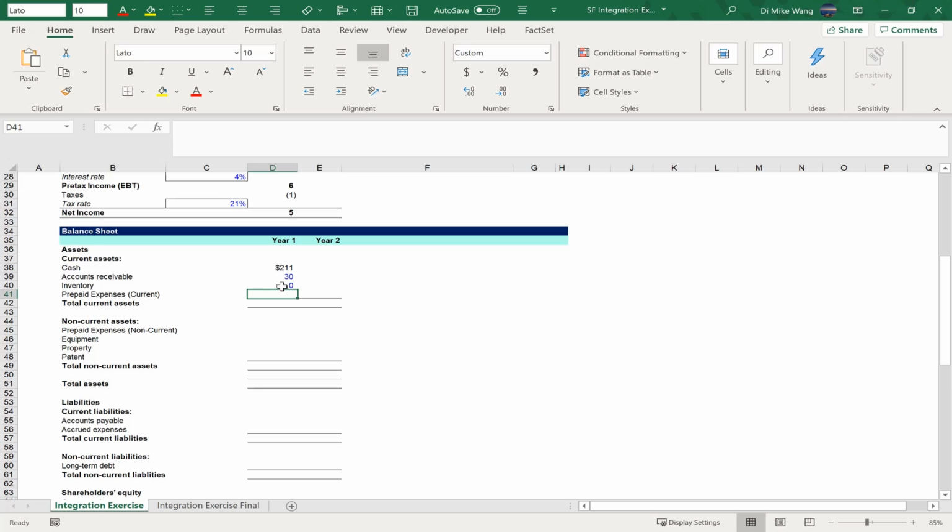And we also have $10 for prepaid expenses, which is actually our insurance amount since we prepaid $10 for insurance in which only $1 was used in year one. So that will provide us with $9 in prepaid expenses.